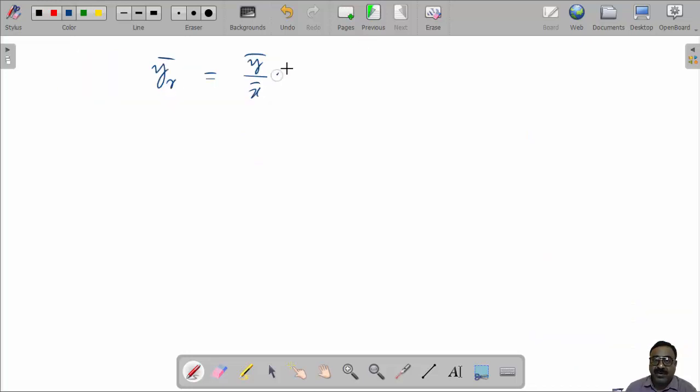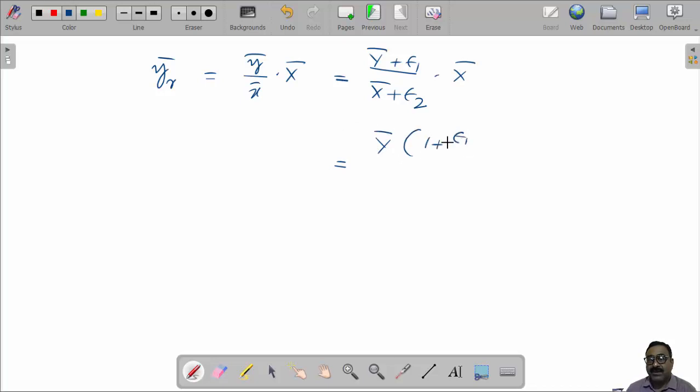Now ȳ_R equal to ȳ by x̄ into X̄. So that is equal to Ȳ plus epsilon 1 by X̄ plus epsilon 2 into X̄. That is equal to Ȳ, taking common, 1 plus epsilon 1 by Ȳ divided by X̄ 1 plus epsilon 2 by X̄ into X̄.